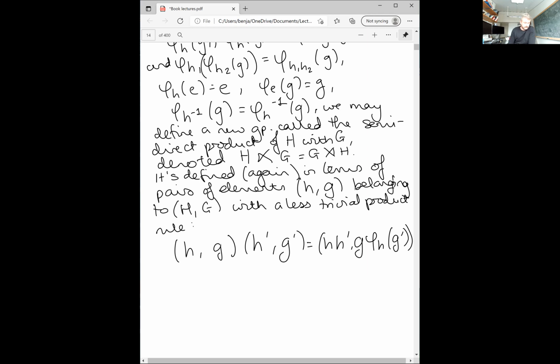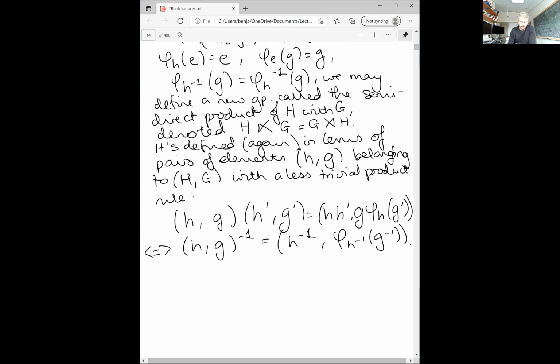All right, so you can convince yourself that the inverse element is equal to h to the minus 1 and phi_(h to the minus 1) of g to the minus 1. That will come out in one line if you just multiply it by the thing where it should give you the identity. And you can check for yourselves.